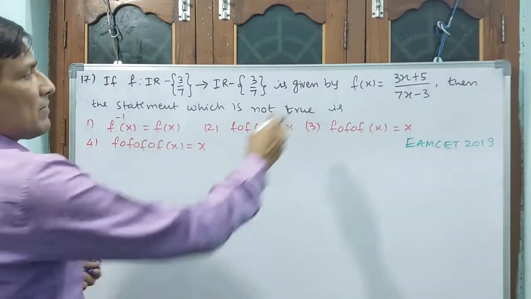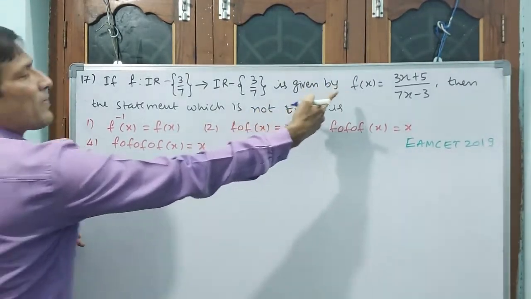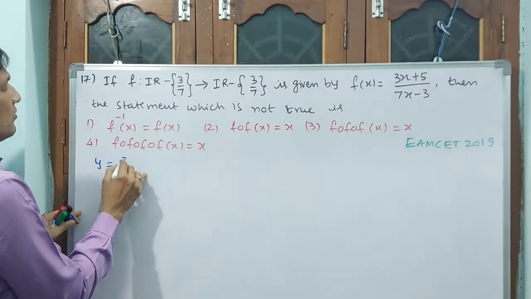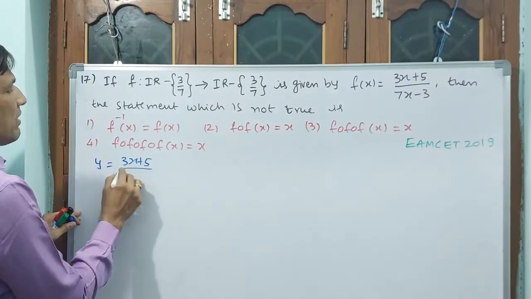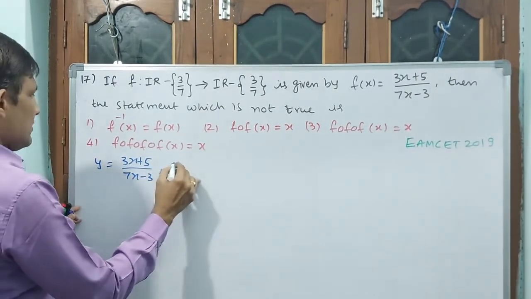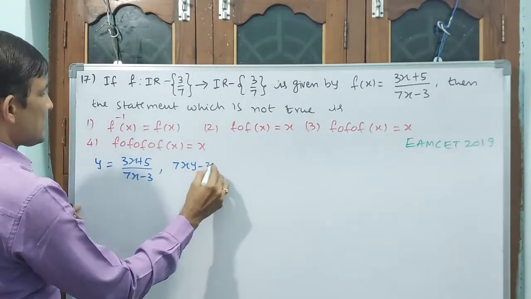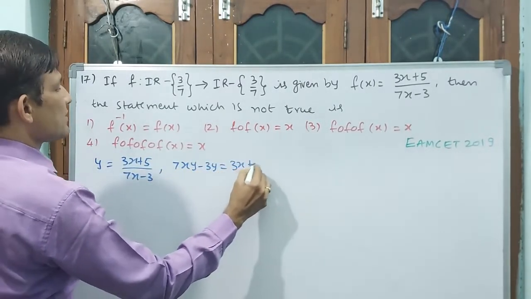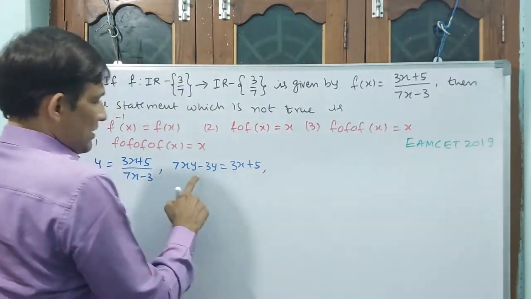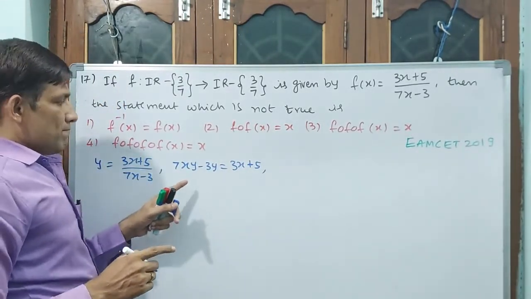Okay. F inverse, if you find, what we are going to do, f of x you take as y. Y is equal to 3x plus 5 by 7x minus 3, send this side. 7xy minus 3y is equal to 3x plus 5.